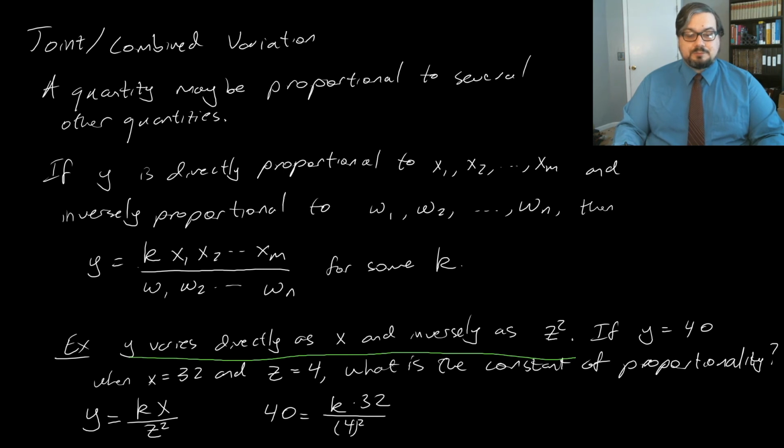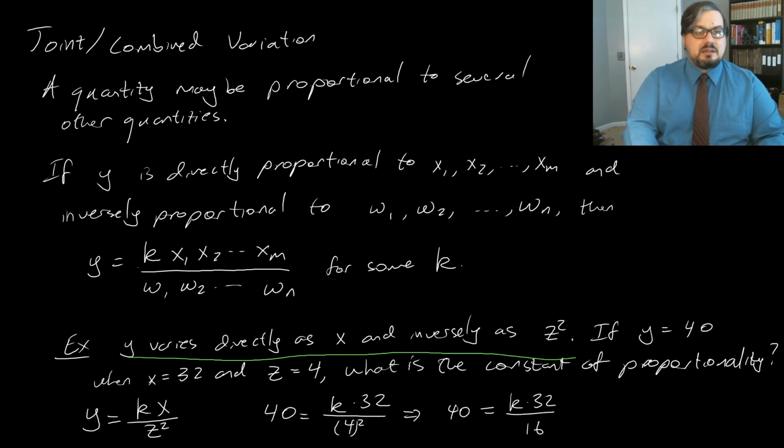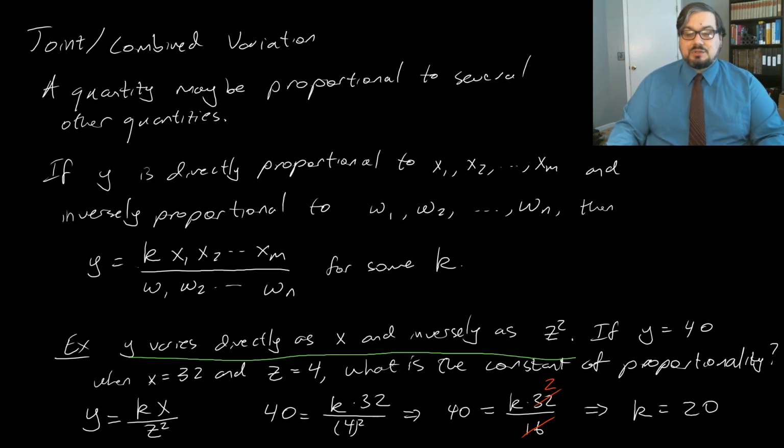So this means that 40 is equal to k times 32 over, now 4 squared is 16. If we simplify this down, 16 and 32 cancel to just give us 2. So we have that 40 is equal to k times 2, or in other words, k is equal to 20. So there's our answer for this problem.